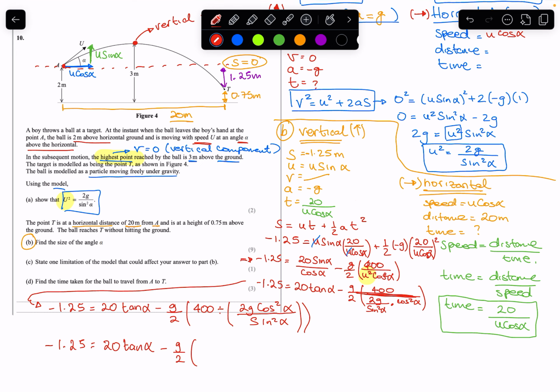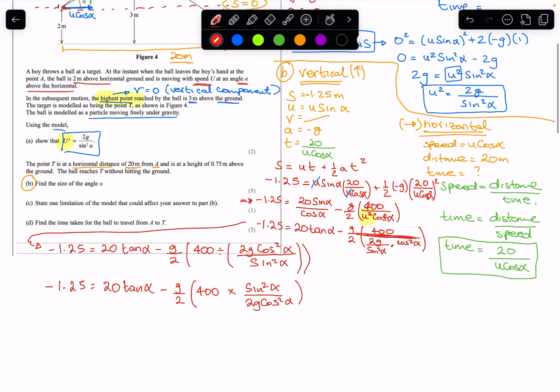Now in this case here, we're going to be applying the KFC method, and it's not what you think. It's not fried chicken, but we're going to do keep, flip, change. So we're going to keep the first part. We're going to flip the second fraction, so that becomes sine squared alpha over 2g cos squared alpha. And now we're going to change the sign to a multiplication.